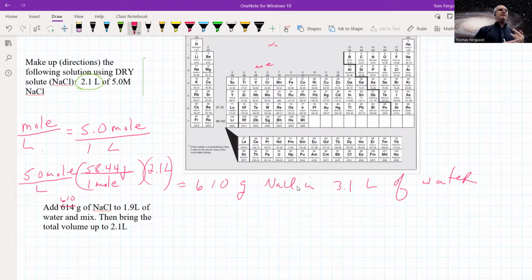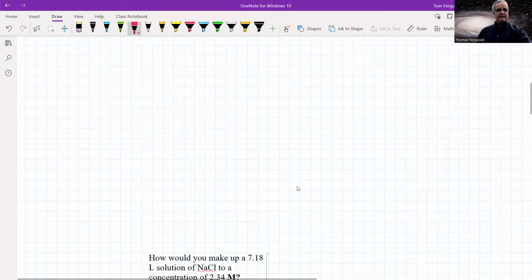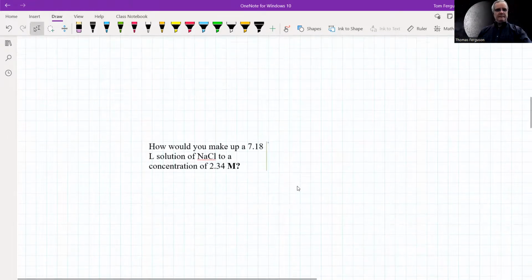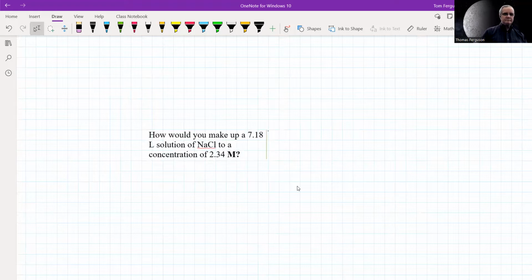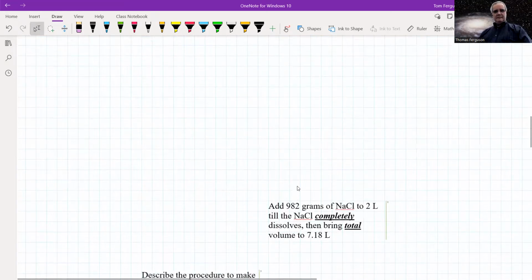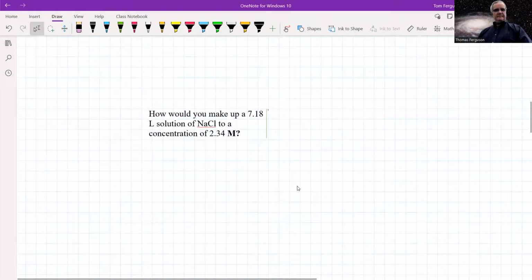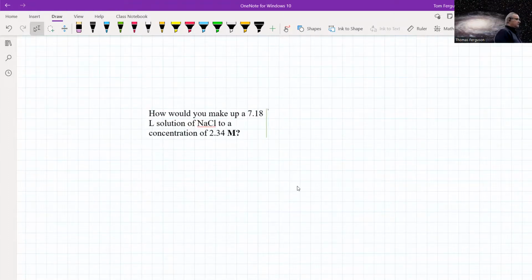You need to know the molarity and you need to know the volume to make it up. Similar problem here. Go ahead and do this one. Try this one yourself. And it's 58.44, the molar mass.